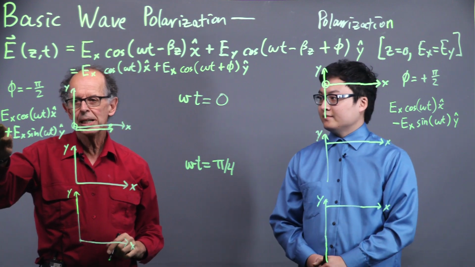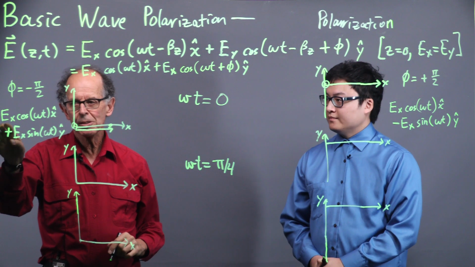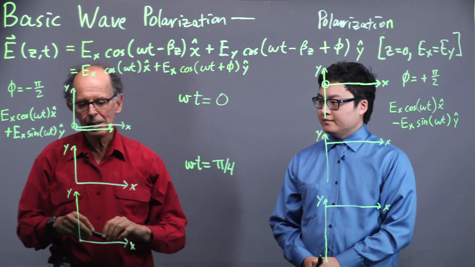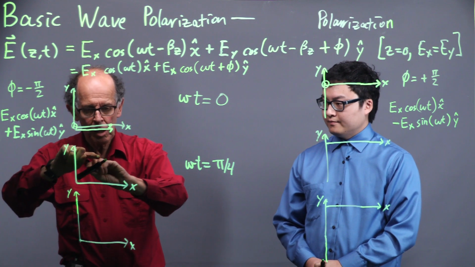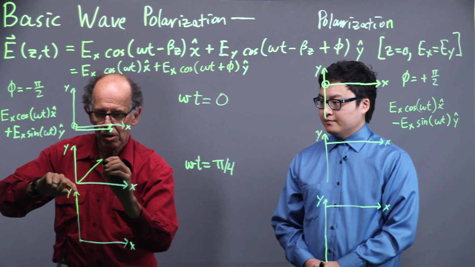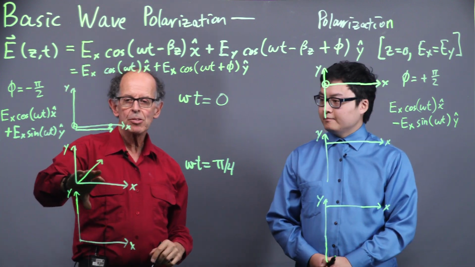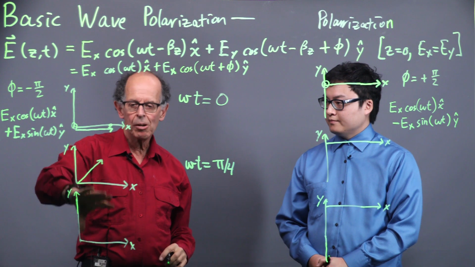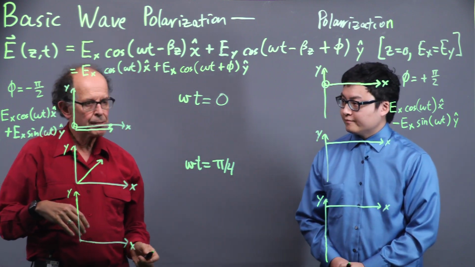Well, cosine and sine are the same. The vector has x and y components the same, so it's going to be here. And so that's what the E field looks like. Not going to mess the drawing up putting E. We know that we're dealing with E. And now the next one.